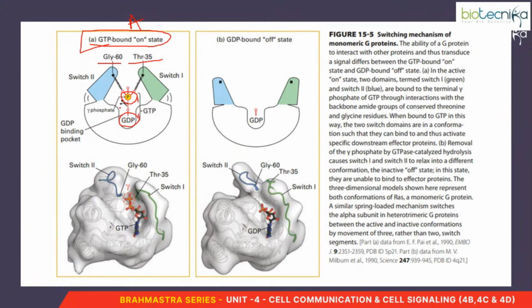And here you can see a scissor sign. So if that gamma phosphate is deleted, what is retained? GDP. And the protein is in open conformation. So GDP bound will be considered the inactive state. So remember this basic difference between the bound form and not bound form.